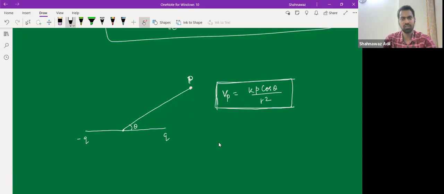So we have two cases. We have this dipole and there are two points. This is one point and this is the other one. Let's say this is P1, P2. Mariam, you tell me, this is what point?